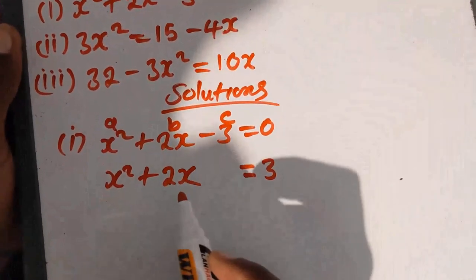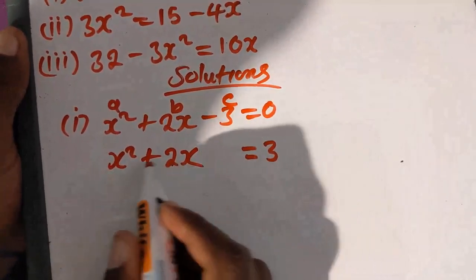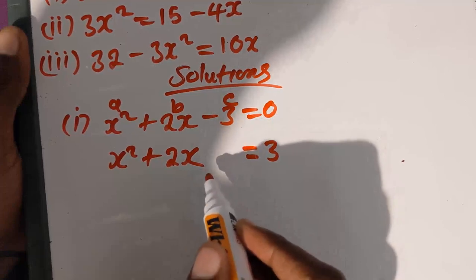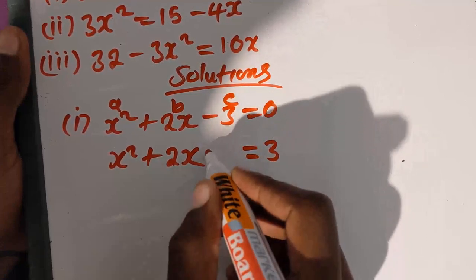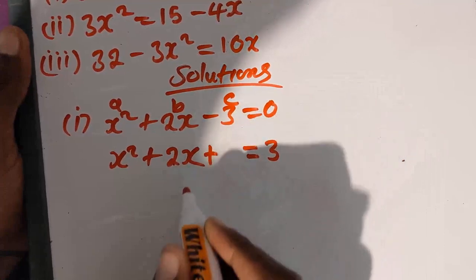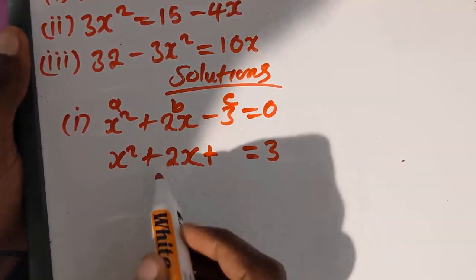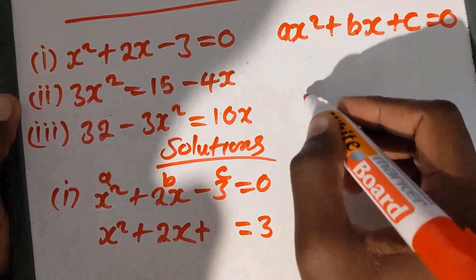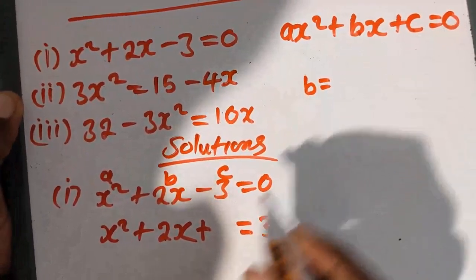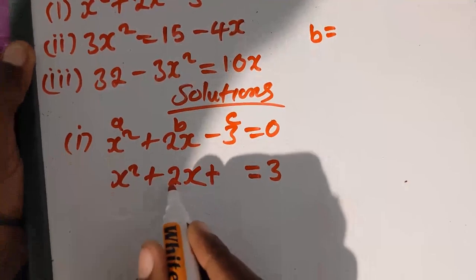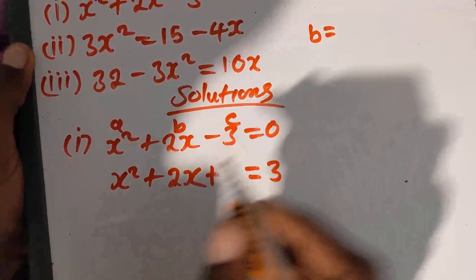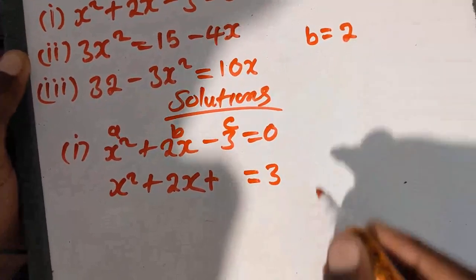Now, when you leave this space, what you are supposed to do here is add half of b. The coefficient of b here is 2.